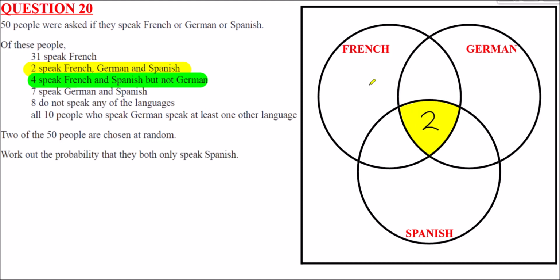So the bit of the French and Spanish circles that overlap that excludes German is just this section of it here. And so this is where we need to put 4 people in. So this bit I'm colouring in green, we just pop 4 people in that one. Maybe should have called these in first, I don't know, but bear with me. So that should be 4 people.